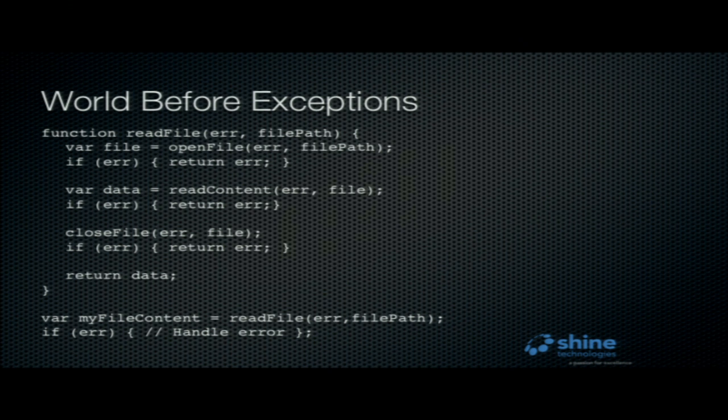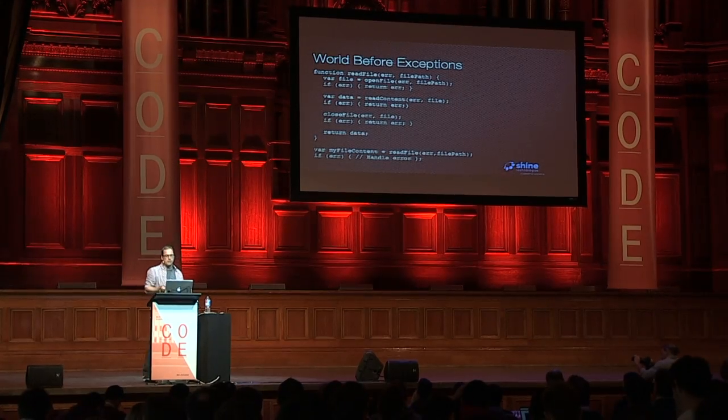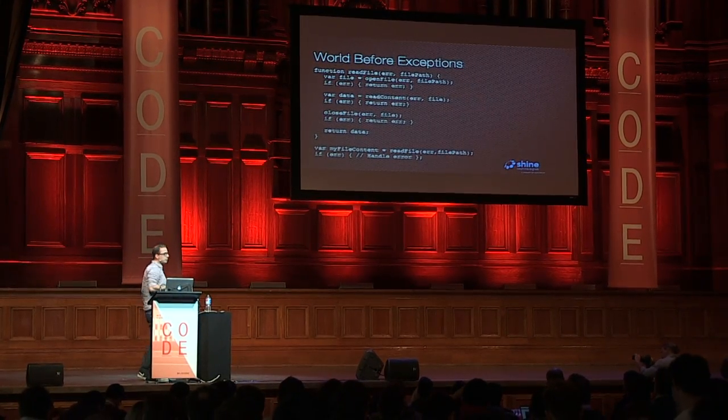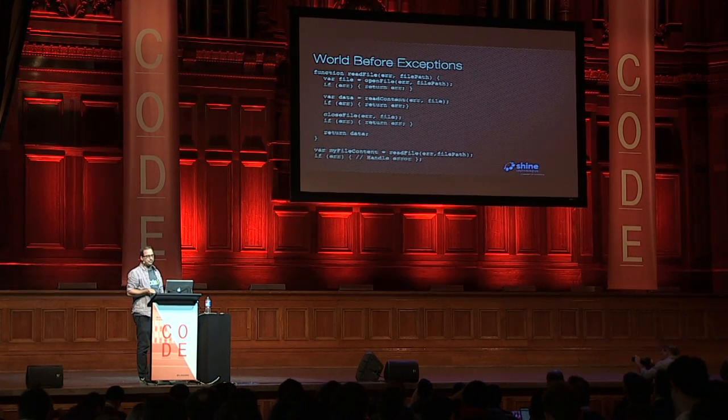And then you have to evaluate that error object with each and every operation of your synchronous code in order to stop those run-on errors. So you have to do extra error handling code in there. It's always boilerplate. It's pretty straightforward, but it's just as much error handling code as actual application code. So that's what you have to deal with in situations where you don't have exceptions.